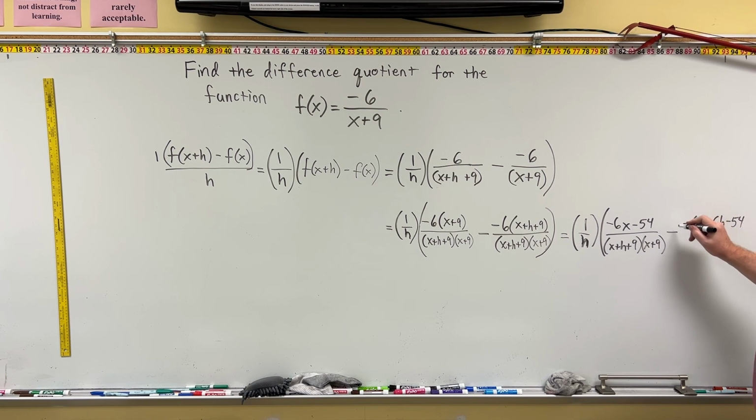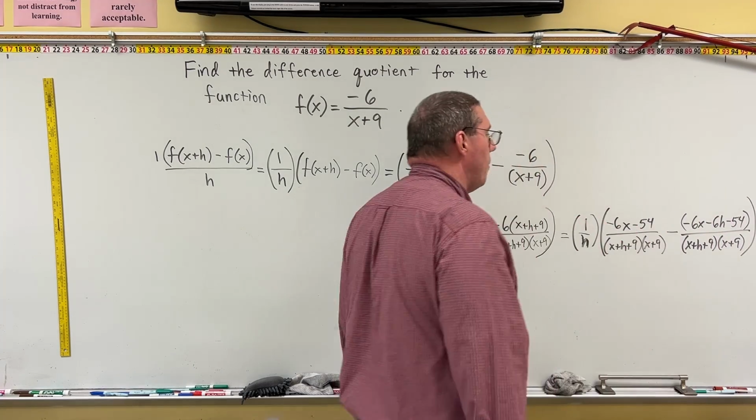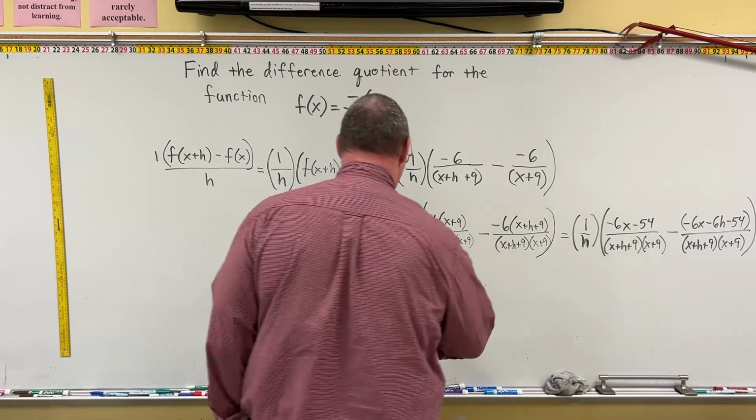I'm going to put that in parentheses because I'm subtracting it, and so I want to be careful. I'm subtracting this, and subtracting this, all over (x + h + 9)(x + 9). There we go. Now we're going to clean it up a lot.